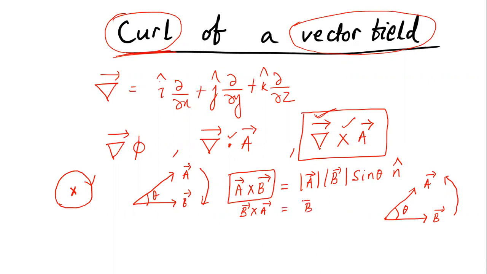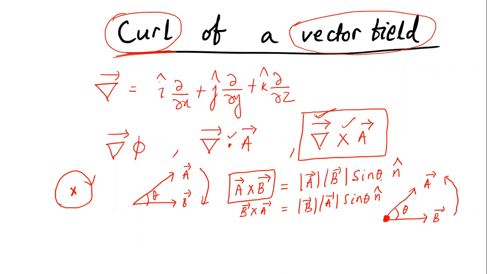You have the magnitude of B vector, magnitude of A vector, sine of the angle between them, and now n cap. Now what will this n cap be? For B cross A, you are moving counterclockwise. That means you are loosening the screw actually, right? You are opening the screw. So it will come up. So a dot means it is perpendicular to the screen, perpendicular to the plane that we are considering, on which A and B lie.